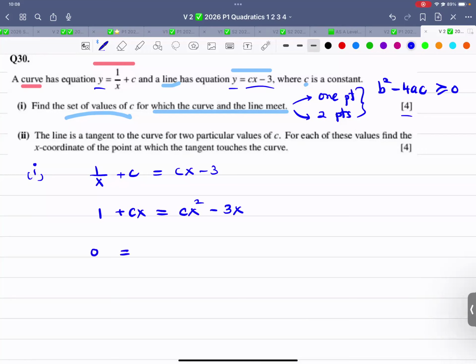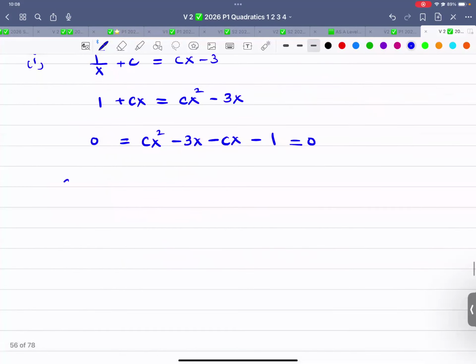Write a 0 on this side. cx square negative 3x negative cx negative 1 equals 0. Write it in a more refined way: cx square plus minus 3 minus c, that's the coefficient of x, and minus 1 equals 0.